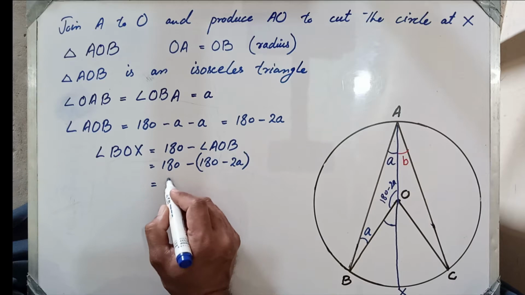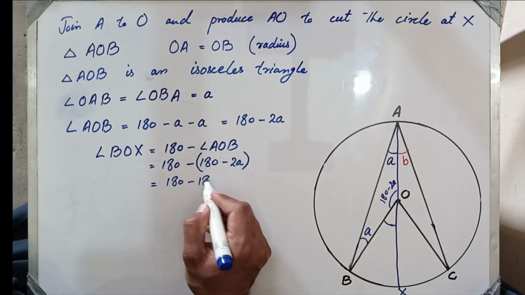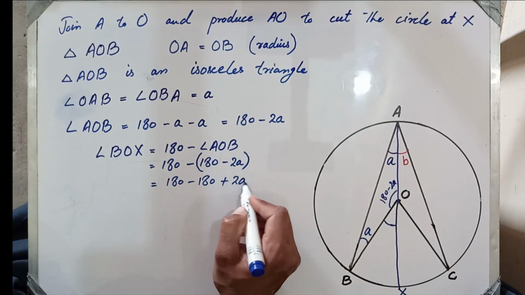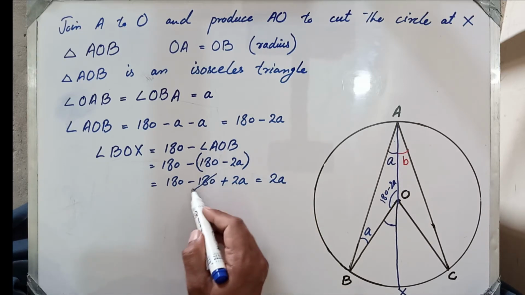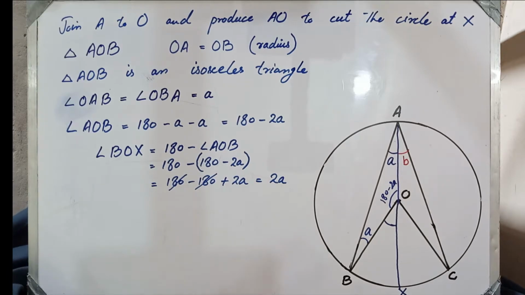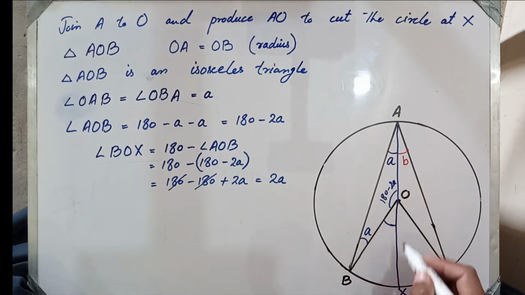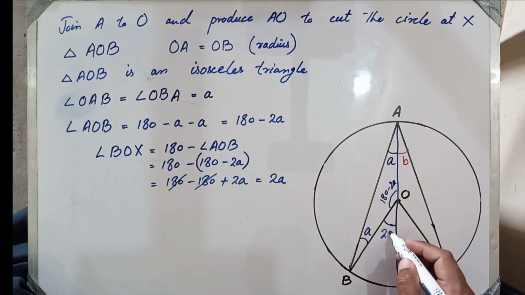After simplification, by cancellation of 180, we get angle BOX as 2a.